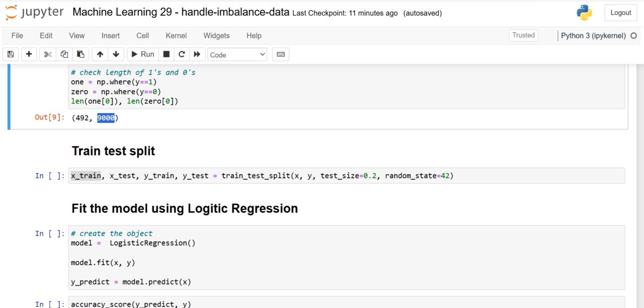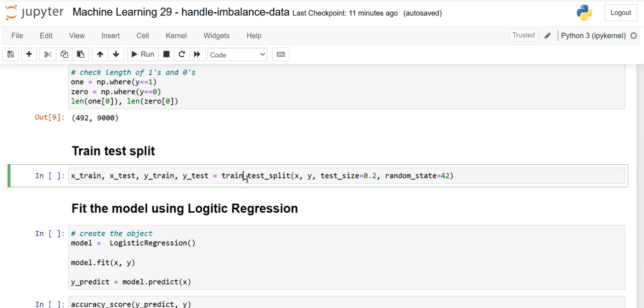Before going on to the model application, as we all know and as I have already specified in our machine learning introduction, before fitting the model, you have to split the data into training and testing data. Kindly observe that for the test data size here, I specified 0.2.